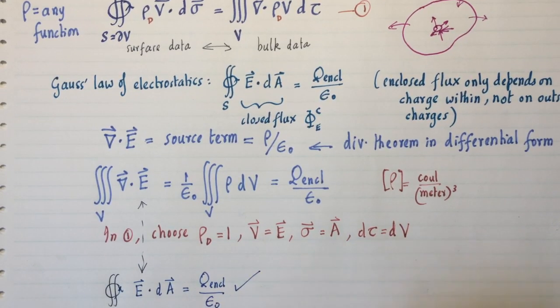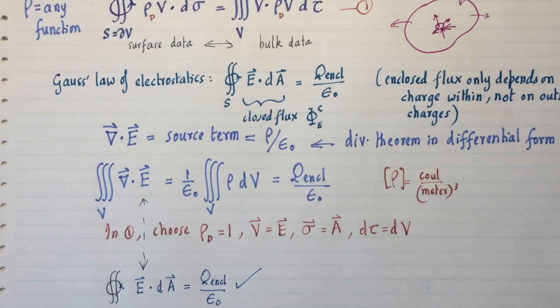So in this manner, we have shown how to move back and forth from the differential form to the integral form of Gauss's law.